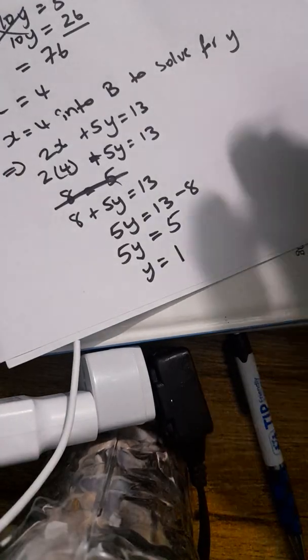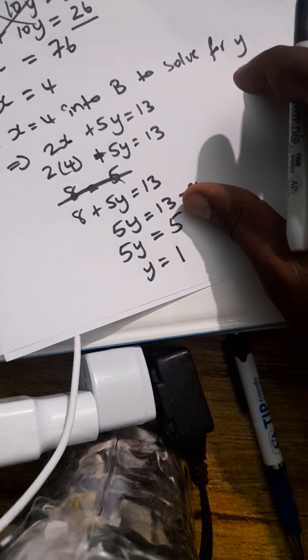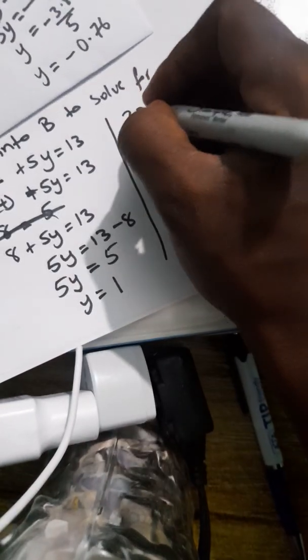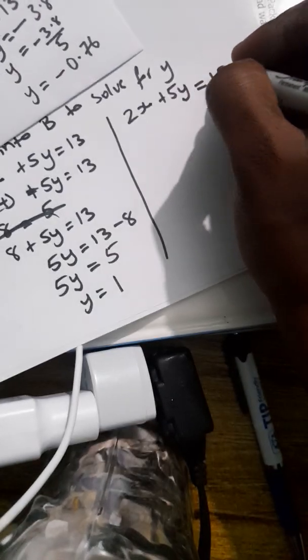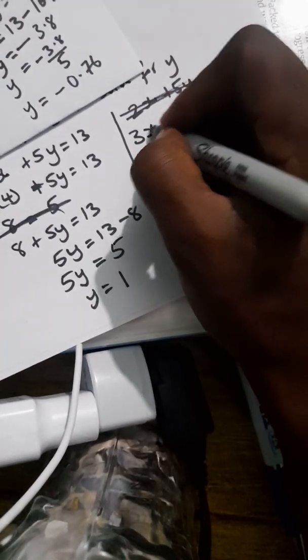If you want to check your answer, x equals 4, we can plug it back in the equation. We'll plug it into equation 2: 2x plus 5y equals 13. As a matter of fact, I'll plug it into the one we did before.